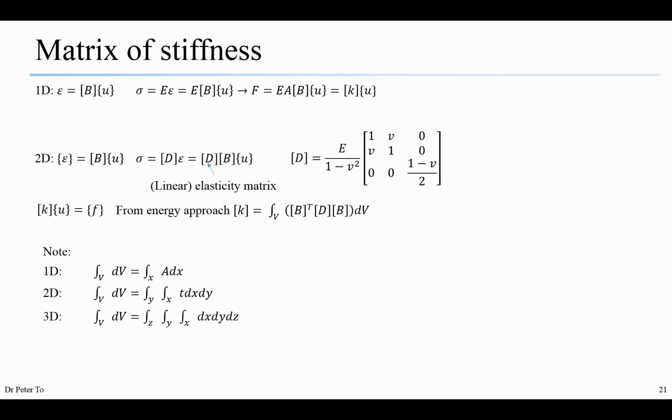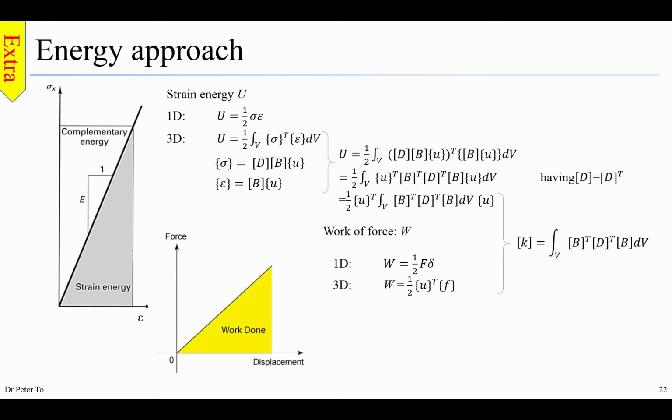In 2D, the volumetric integral equals the double integral over x and y directions and so on. The energy approach is extra content of this module, so I will not go into detail. We just compare the strain energy and the work done by the force and find out the way to calculate the matrix of stiffness.